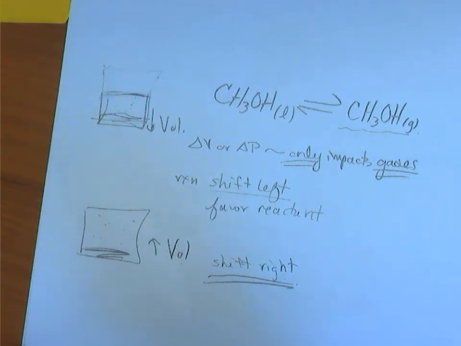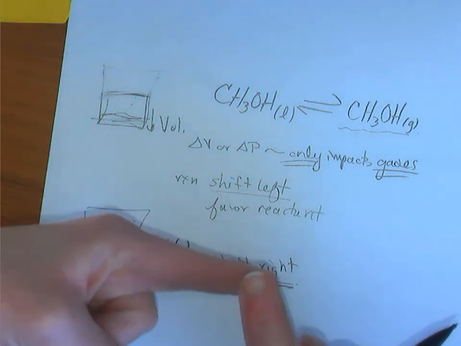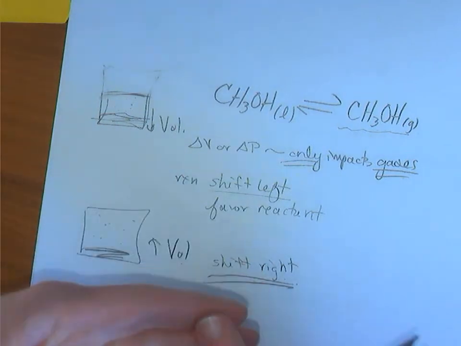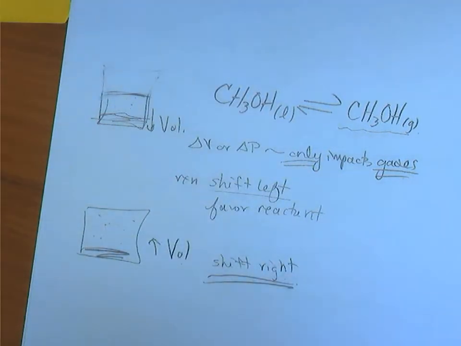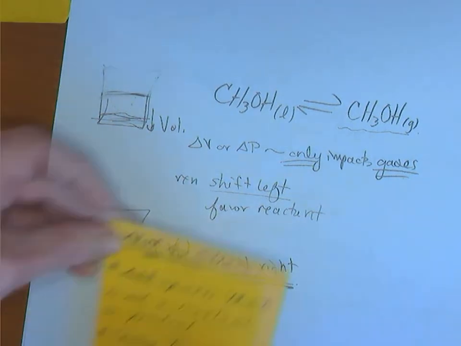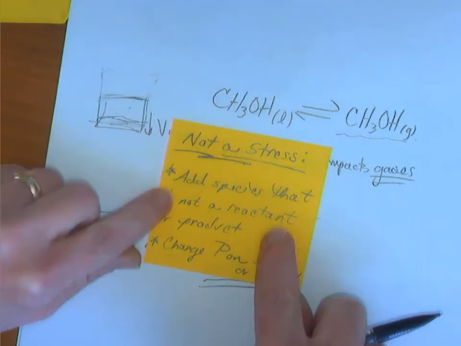Okay, so we've gone through a change in temperature, a change in volume, which is the same as a change in pressure, and a change in amount. I hope I hit them all, right? A change in amount, a change in temperature, a change in volume, which is kind of synonymous with the change in pressure. Now, can I comment for a second about what is not a stress?